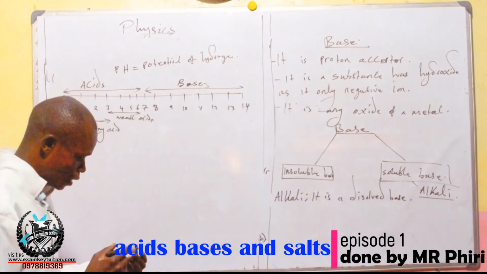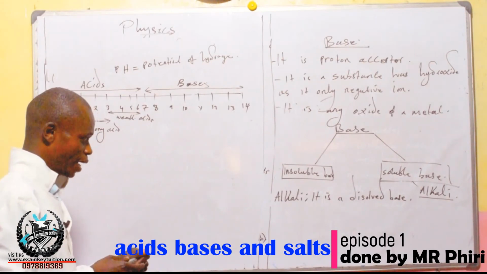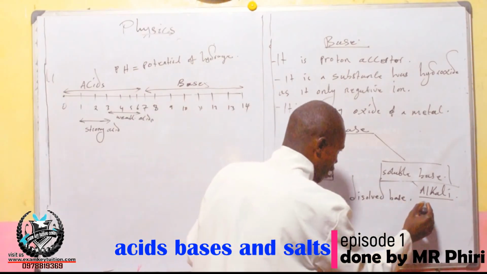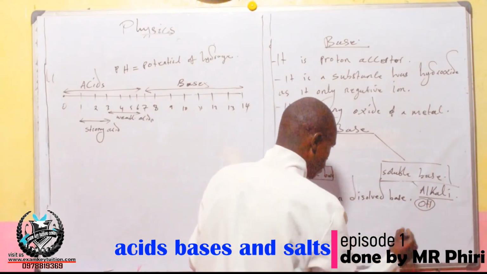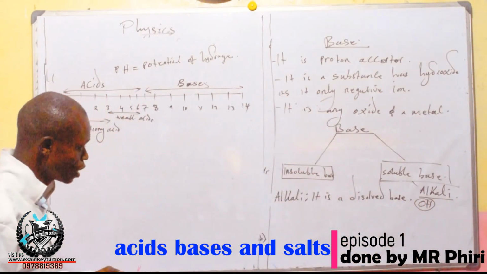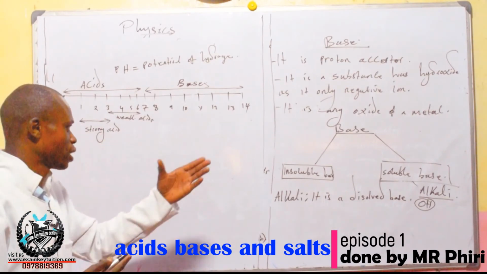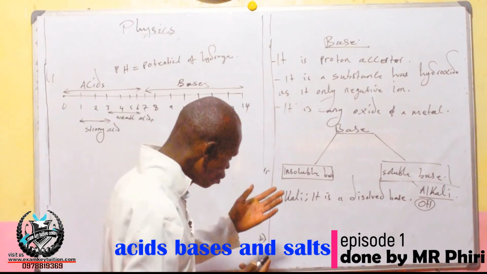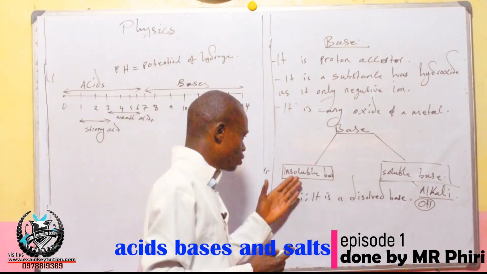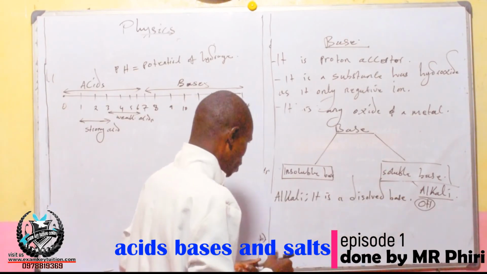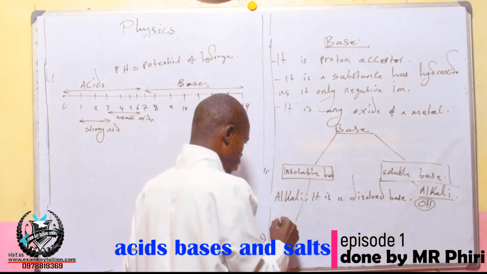That's how you define what we call an alkali. And in most cases they have hydroxide in them. So we have now understood that bases are divided into two, which are insoluble bases and soluble bases.